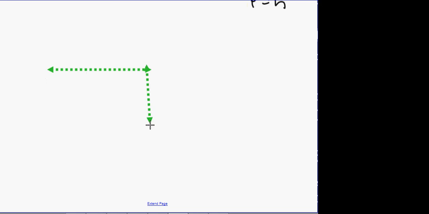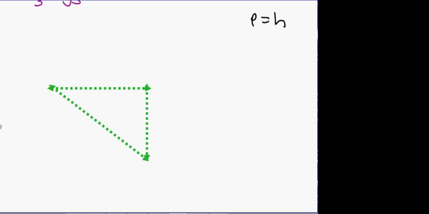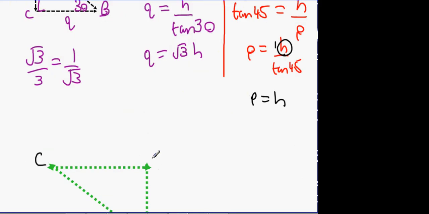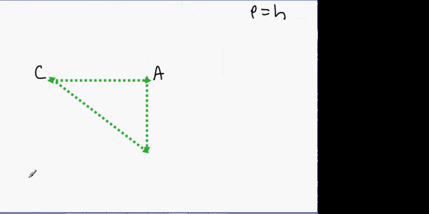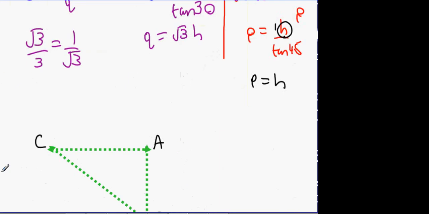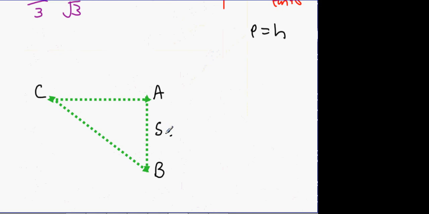A to B to C. Now guys, ABC, C is the base, A and B. Now, reread the question. Write a quadratic equation involving P and Q. Now, we know that this here is 50.